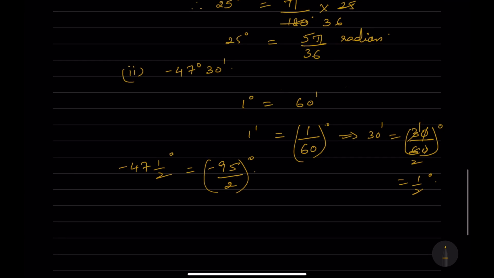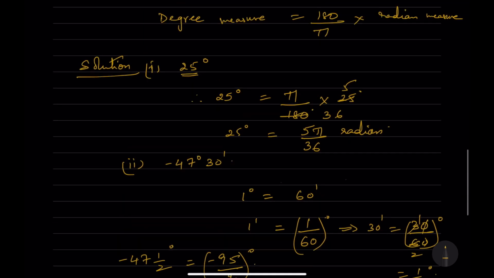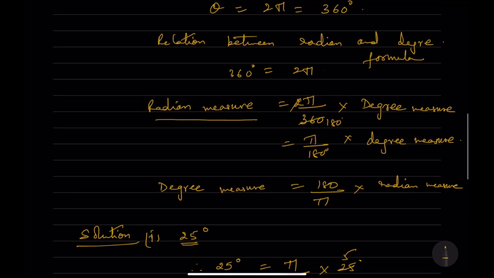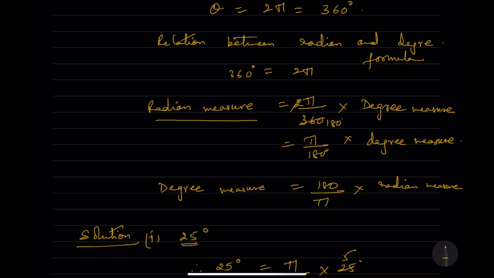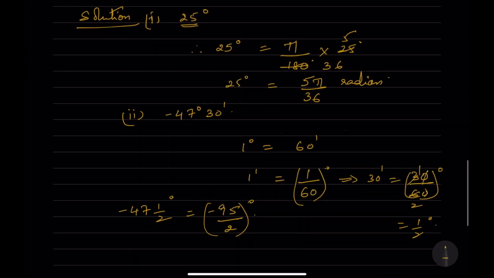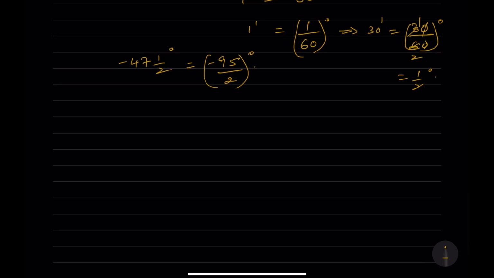So therefore you have to convert this into radian measure corresponding to the following. We have to find out what is the radian measure. So this is nothing but equal to, again using the same formula, minus 95 by 2 degrees is equal to pi by 180 into minus 95 by 2. This is into radians we are converting.